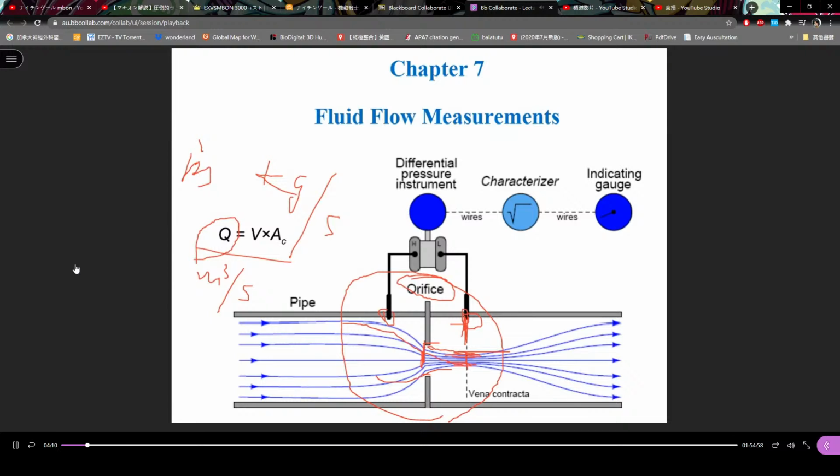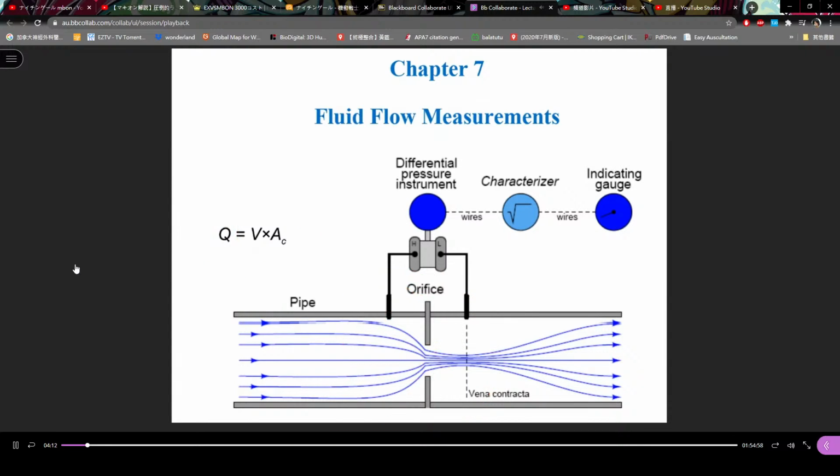And this is a typical equation first. We need to understand this one. Volumetric flow rate is equal to velocity times the cross-section area. For any area, if we know the cross-section area and we know the velocity, then we know the flow rate. So sometimes we measure the velocity, and knowing the section area, we can calculate the flow rate.